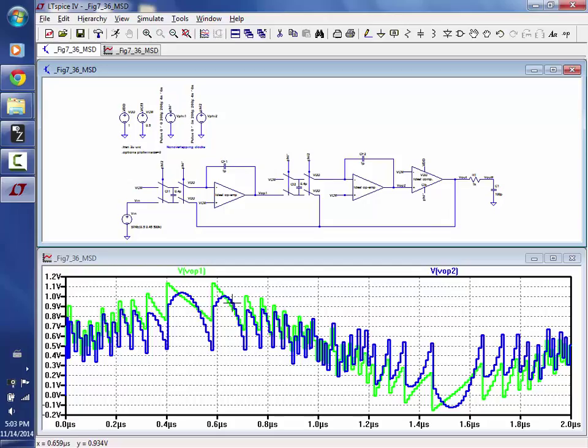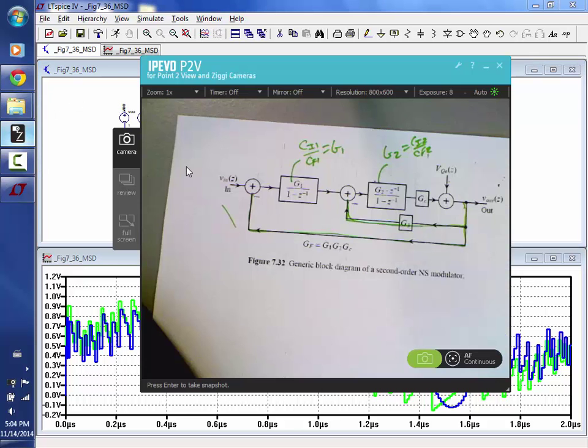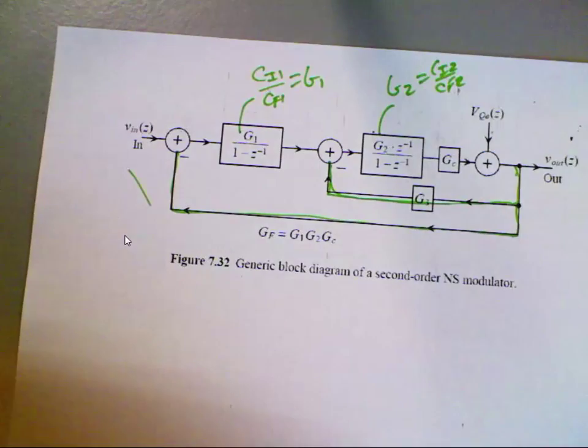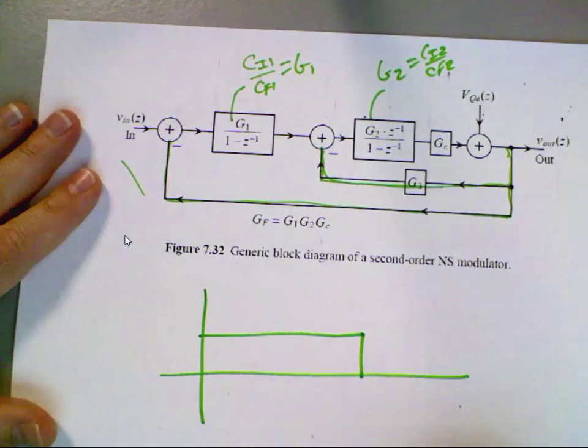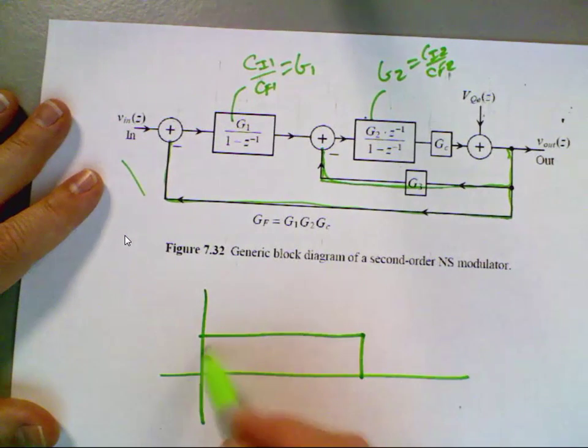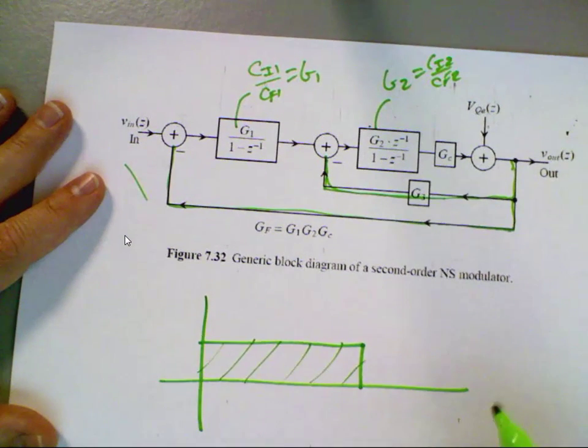Well, but wait a sec. Just to be precise, before you shape the noise, you have a spectrum that looks like this, right? So after you shape the noise, this area has to stay the same.